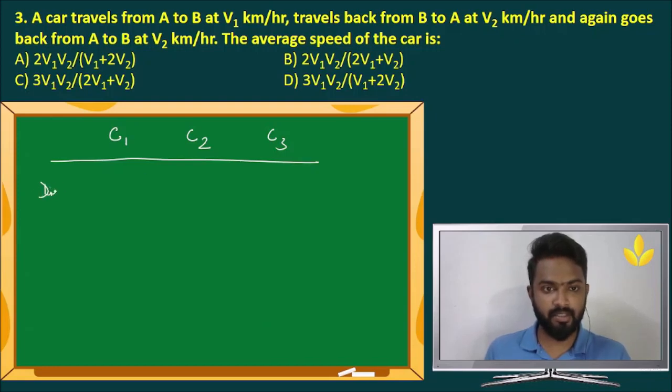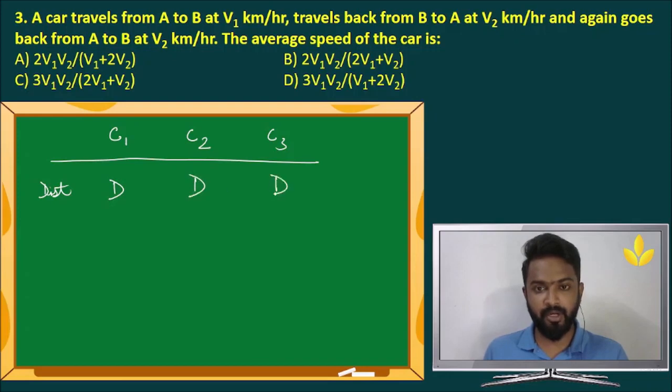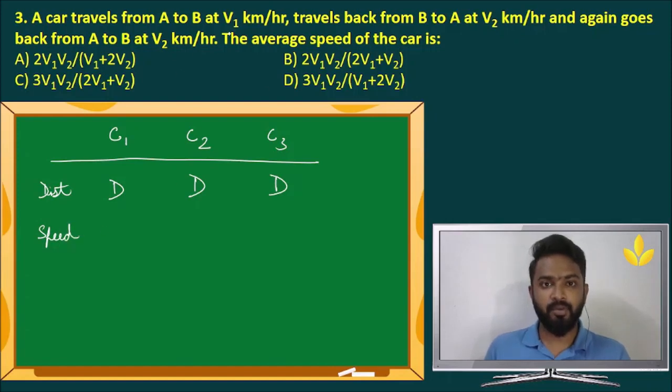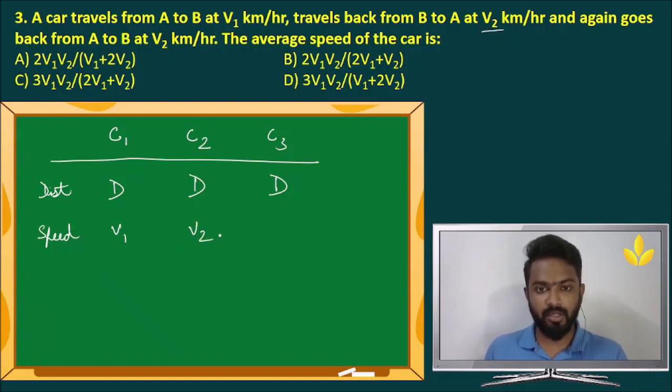This is the distance row. A to B, B to A, A to B. Now when it comes to the speeds, in the first leg of the journey the speed is V1, in the second leg the speed is V2, and in the third leg the speed is V2.